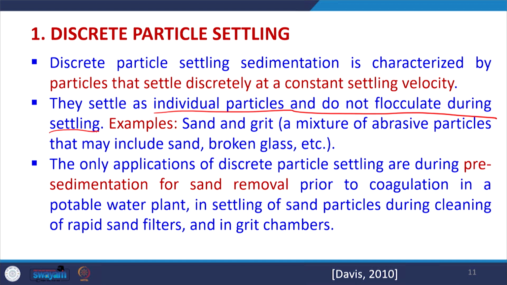Examples are sand, grit, etc., or a mixture of abrasive particles that may include sand, broken glass, etc. The applications of discrete settling are pre-sedimentation for sand removal prior to coagulation in a potable water plant, settling of sand particles during cleaning of rapid sand filters, or grit chambers, etc.